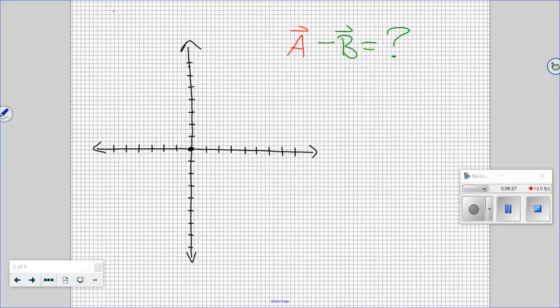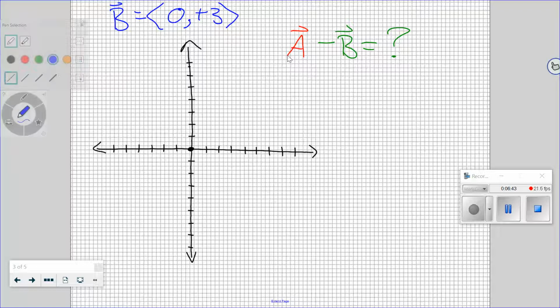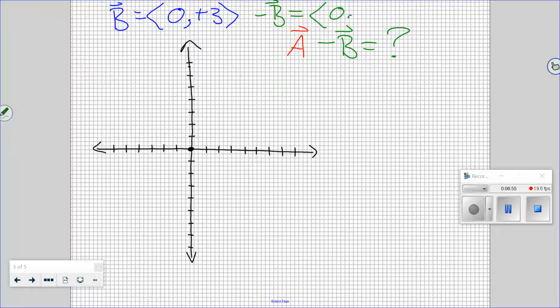So original vector b is just 0 for the x component and plus 3 for the y component. So minus b, if I have enough room, is actually negative 1 times b. So this is not just b subtracted or b anything. This is a new vector. It happens to be equal to negative 1 times b. But it's 0 minus 3.